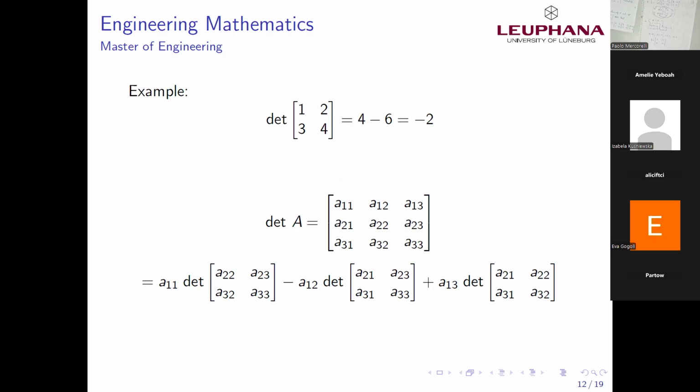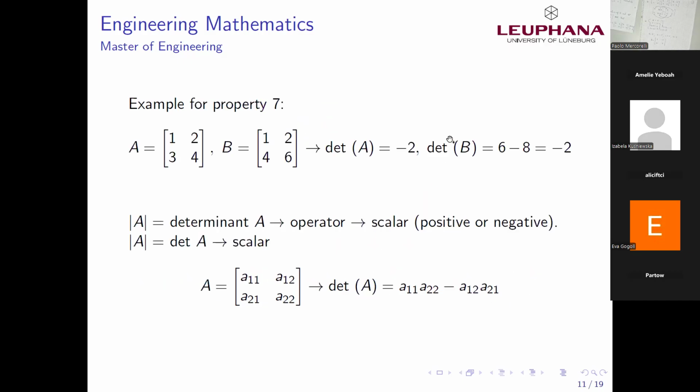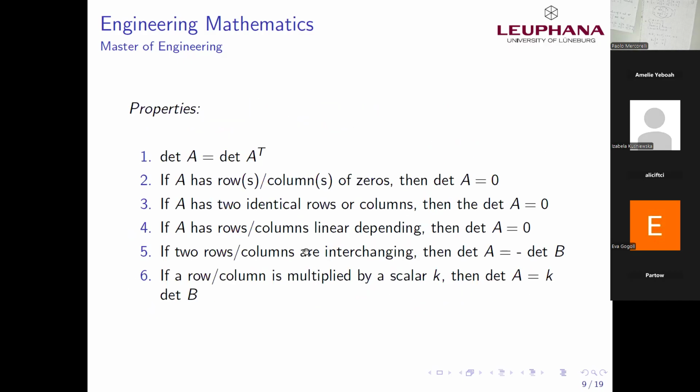At this moment I didn't tell you explicitly, but if you look at the properties, I can read sentence 4 in terms of rows, and I can read sentence 4 in terms of columns. I did just an example. This means the sentence holds for rows, but also for columns.